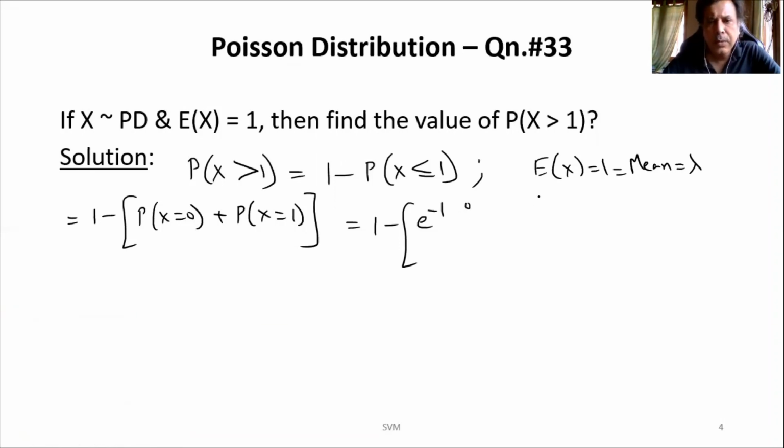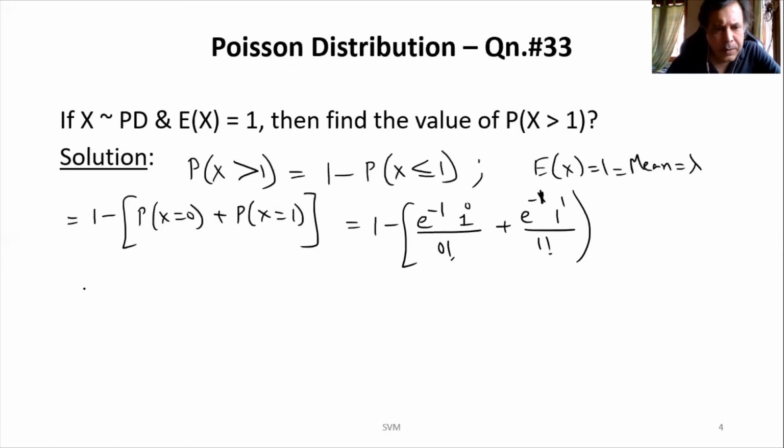So it is now lambda power x, that means it is 1 power 0 by 0 factorial plus e to the power of minus lambda, which is 1, and the lambda power x, that is 1 power 1 divided by 1 factorial. Why I am replacing 1? Because here we are calculating x is equal to 1, right?